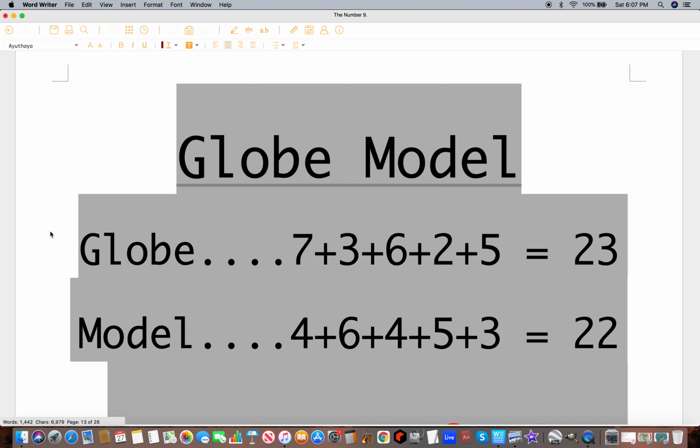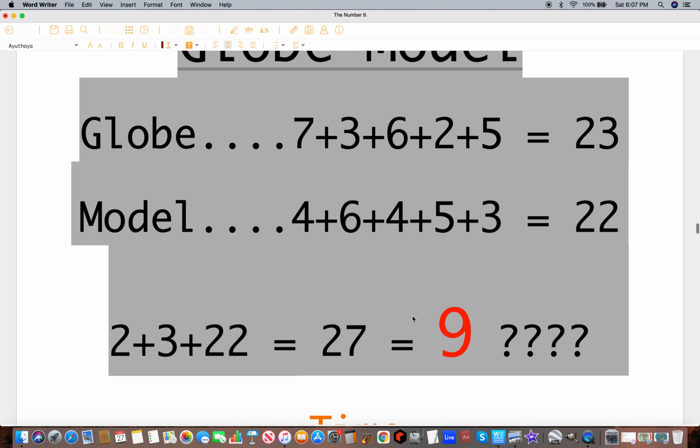Globe model itself. The word globe comes to 22. When you add up the numbers connected to the word globe, it adds to 23, and the word model adds up to 22. Okay, so 2 plus 2 plus 22, because you always keep the 22, is 27, which equals 9.